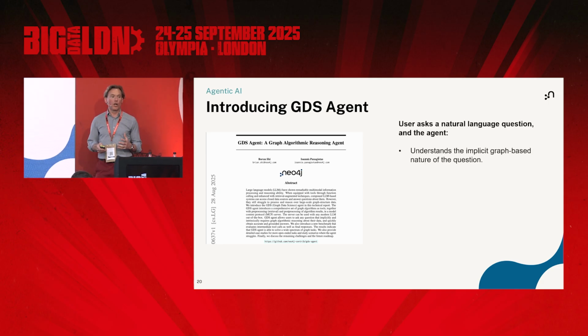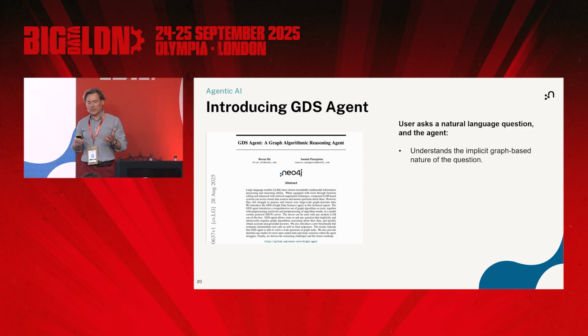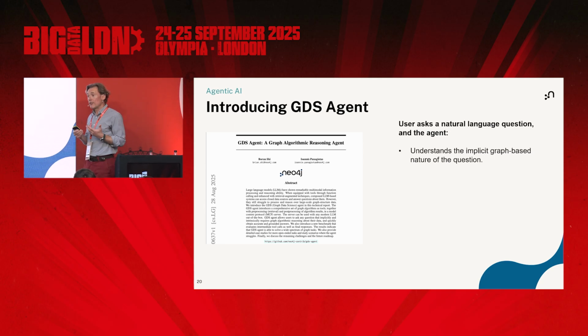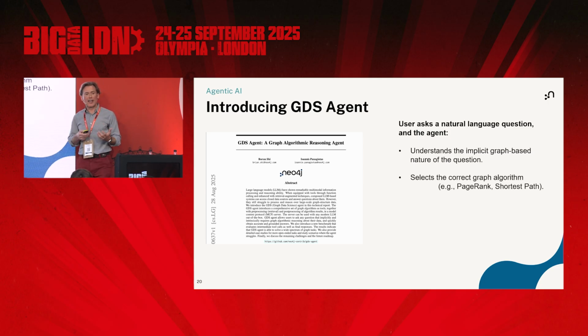Basically, the way it works is that you ask a question to the LLM client, as we'll see in the demo. What an LLM is good at is interpreting and understanding the actual question. It understands that it's some form of graph question that it needs to answer. It then matches the correct algorithm to use to solve that specific question.